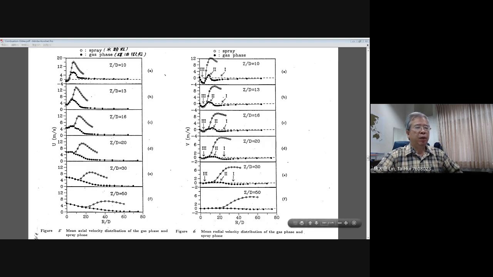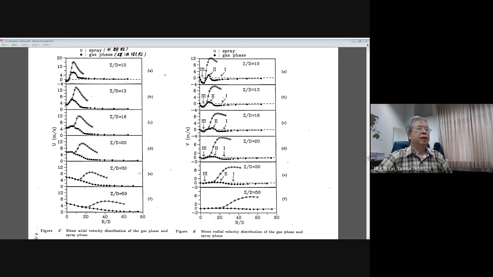In both figures there are two sets of measurement. The open circle represents the measurement on water droplets, and the solid circle represents the measurement from the kerosene particles, representing the gas phase velocity. And there's a comparison.